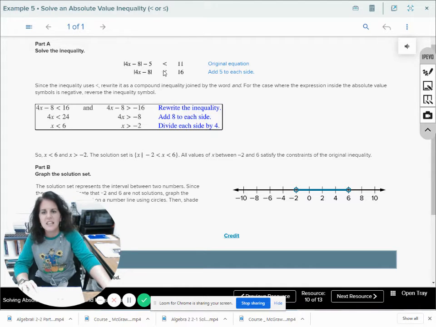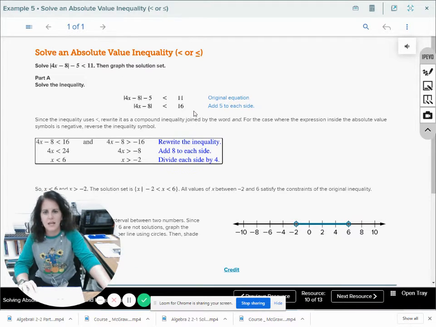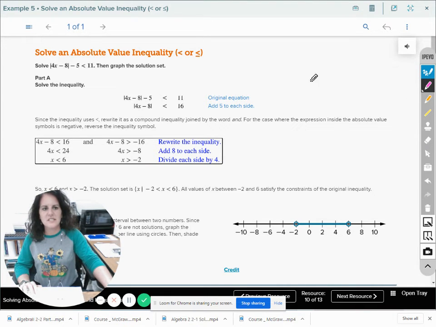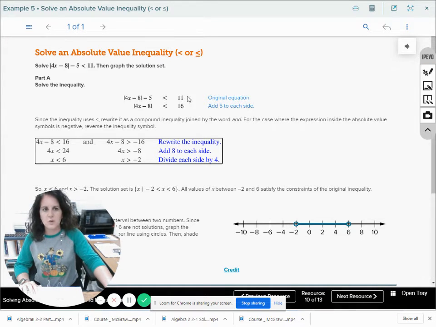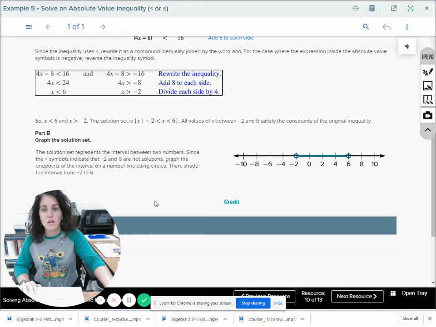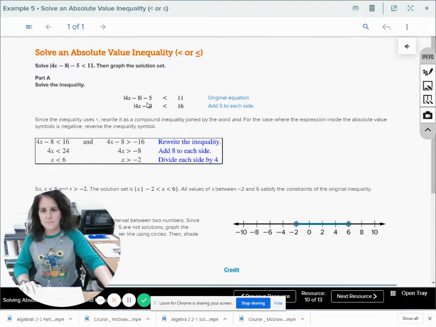And remember, this was a less than. My way of remembering it is I always say if it's less than, it's an and problem, or if it's greater than, it's an or problem. So when I'm looking at absolute values, if it's less than, it's an and problem, and if it's greater to begin with, it should be an or problem.